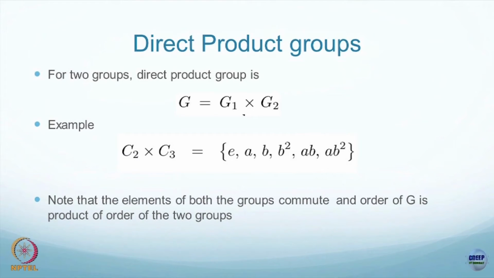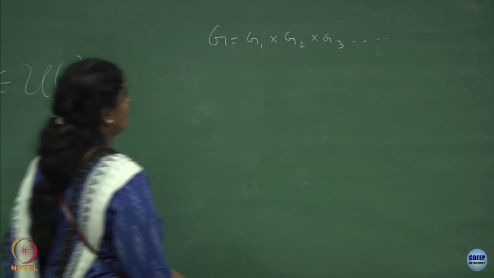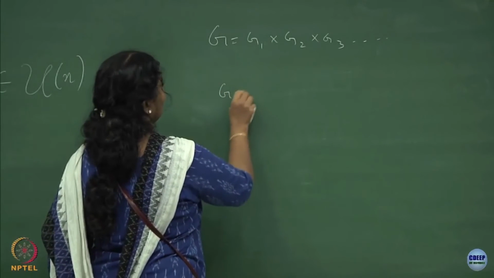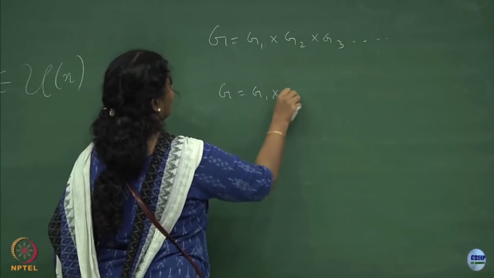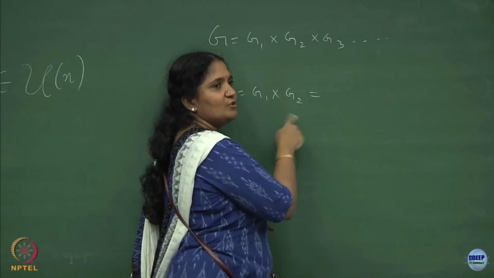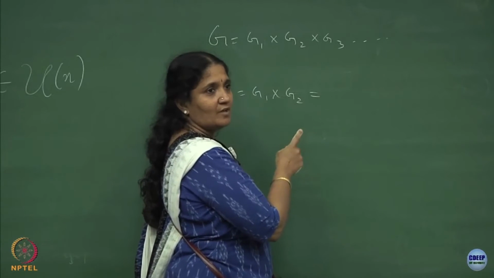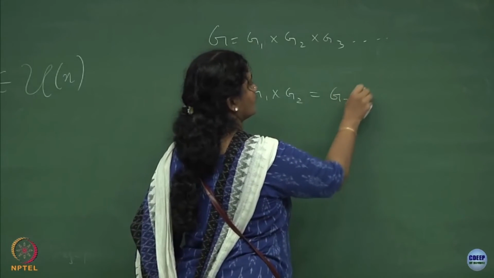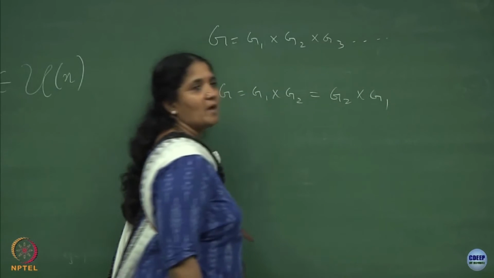So, if you can write G as G1 times G2, G3 and so on. So, you could have many products. So, let us for simplicity take G1 cross G2. The elements of G1 and elements of G2 will commute with each other. Okay. So, the order really does not matter.